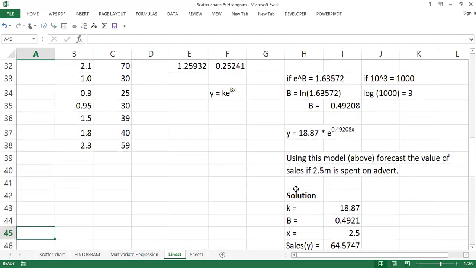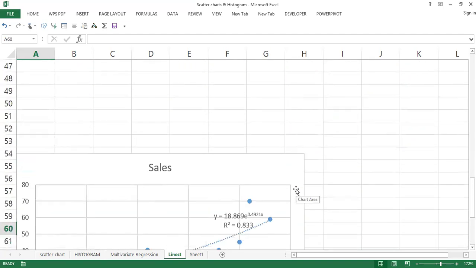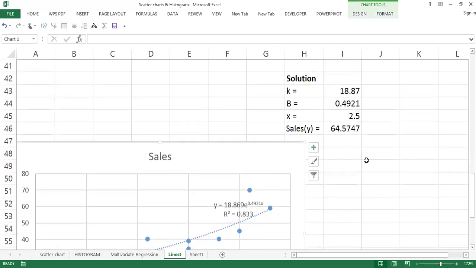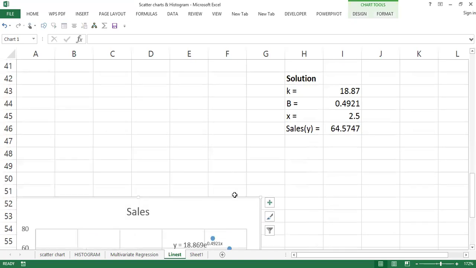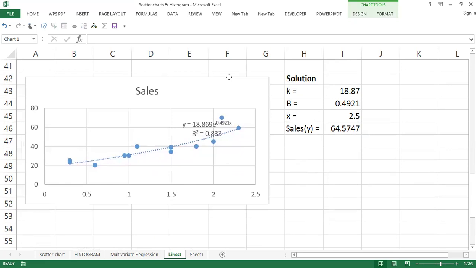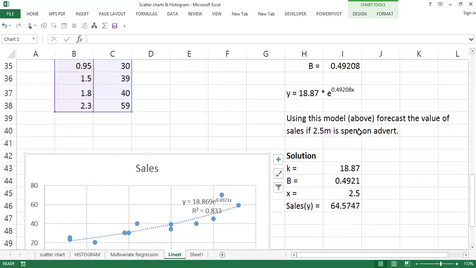So of the three methods, which do you prefer? Which do you think is the best? Data analysis, scatter plots, and these functions, Linest and Logest.